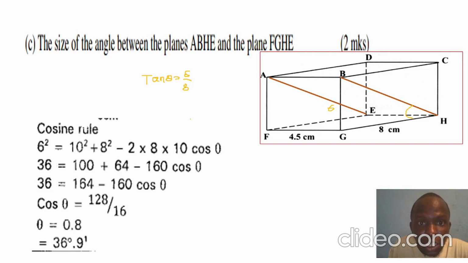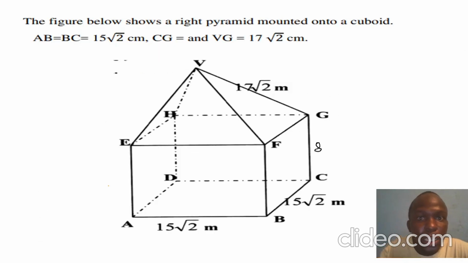So get the tan inverse of 6 over 8, see whether you're going to get this answer. And that is a shorter method. We're just trying to help you recall the cosine rule, so that you can relate. So that is it in that particular area. Let us go to the next question.